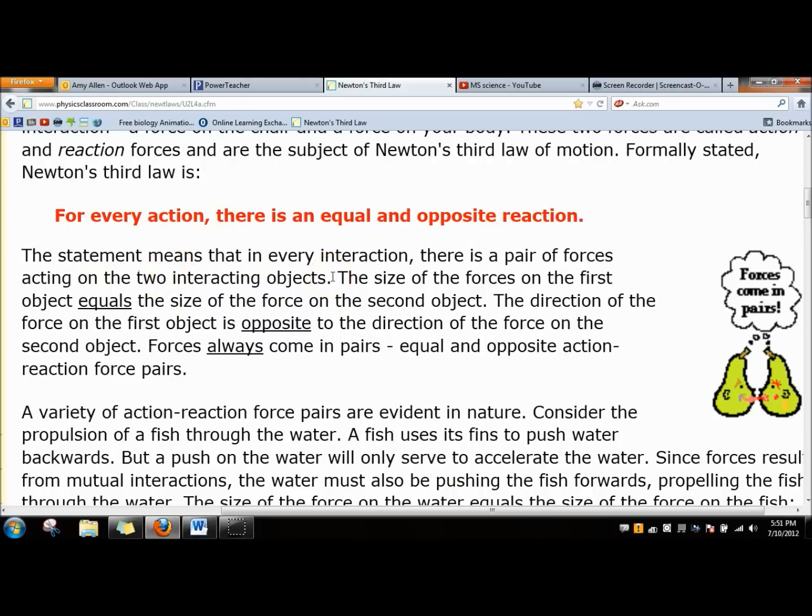The size of the force on the first object equals the size of the force on the second object. The direction of the force on the first object is opposite the direction of the force on the second object. Forces always come in pairs. This is an equal and opposite action-reaction force pair.